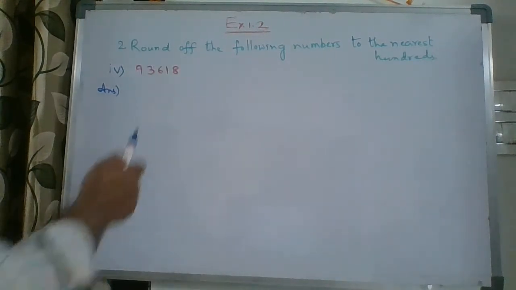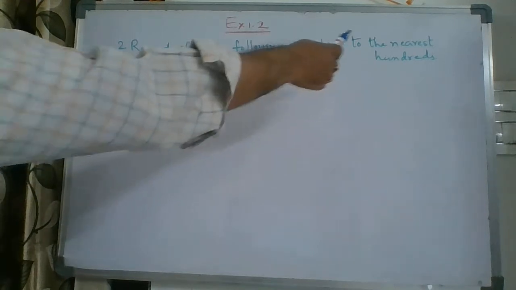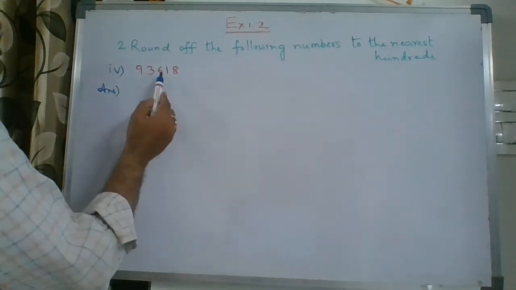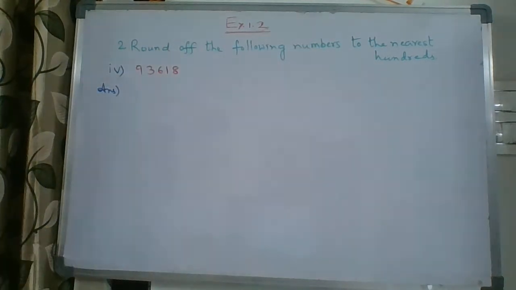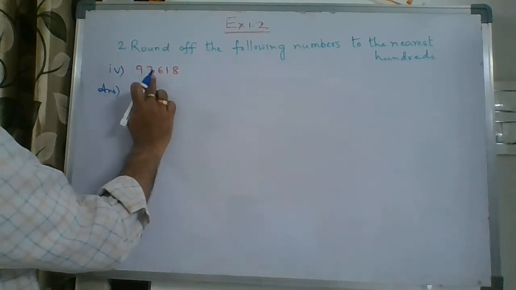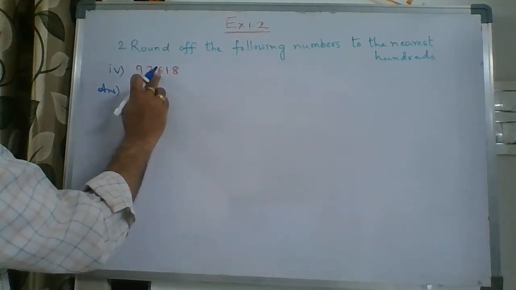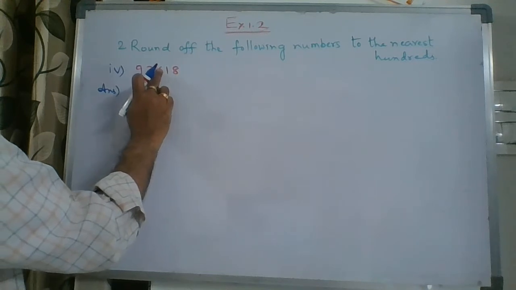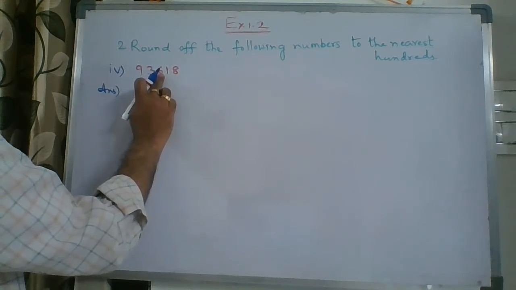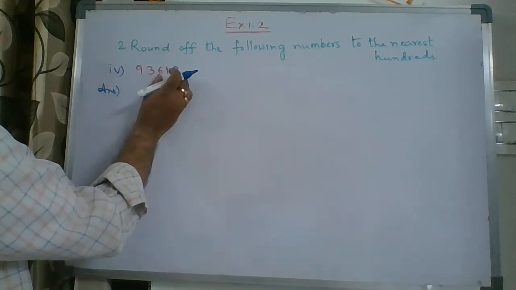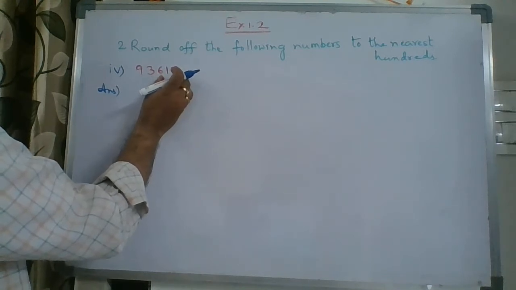Now the question is round off the following numbers to the nearest hundreds. To the hundreds place we have to round off. The given number is 93,618. The digit in hundreds place is 6, so 600. So 618 is after 600.